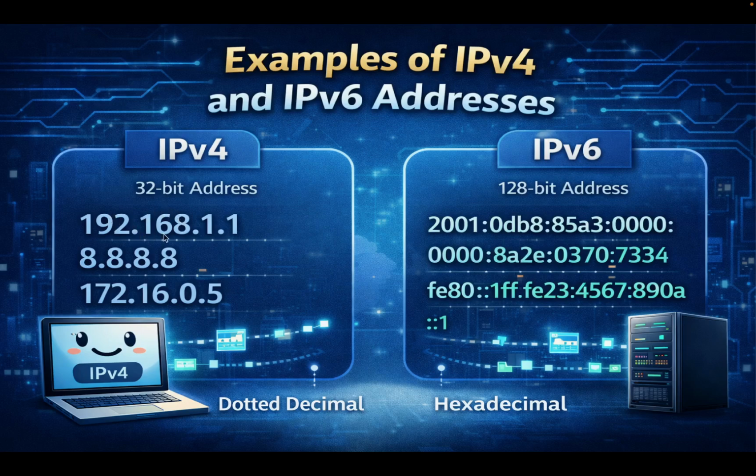This one will be 8, this will be 8, this will be 8. So each dotted decimal is made up of 8 binaries, which we call a binary octet. There are 4 of them, each of them 8, so you multiply it and you get 32.